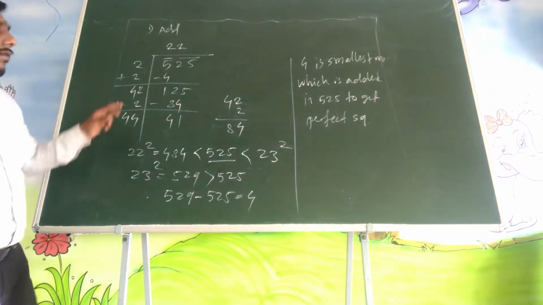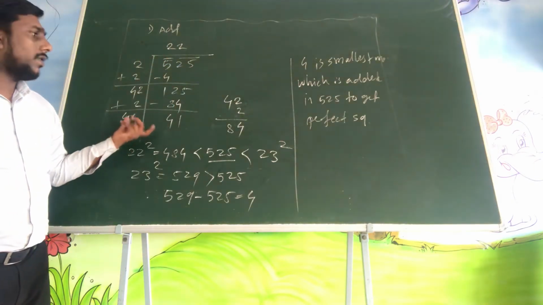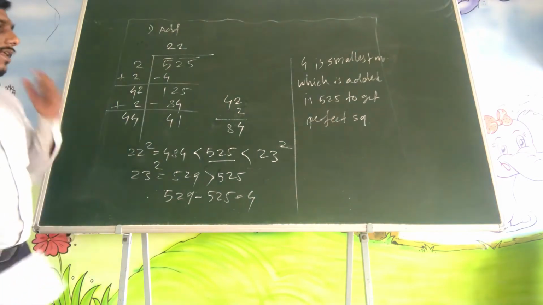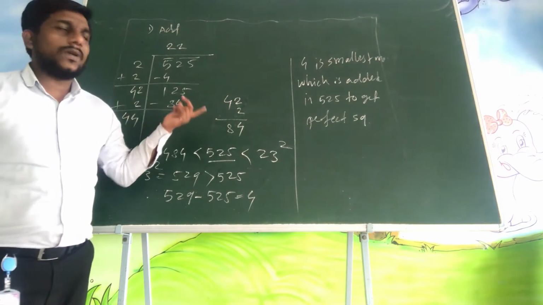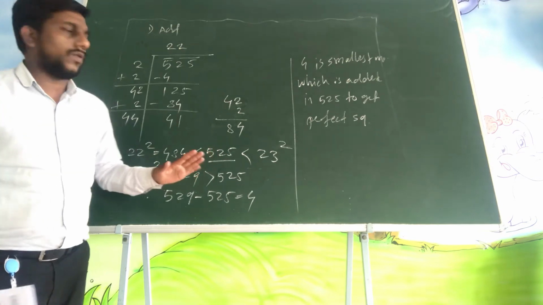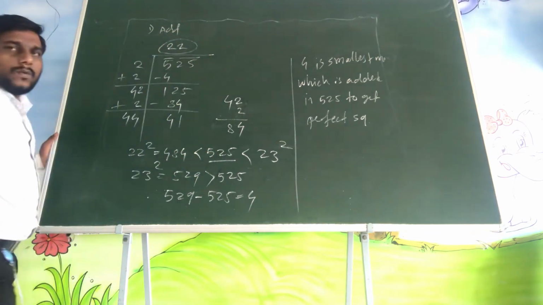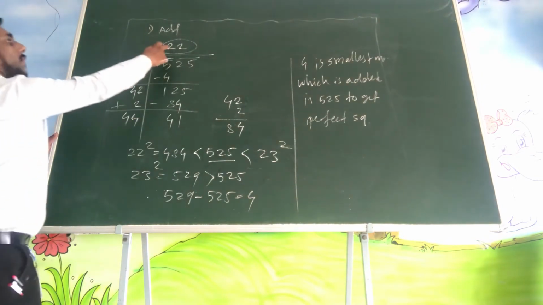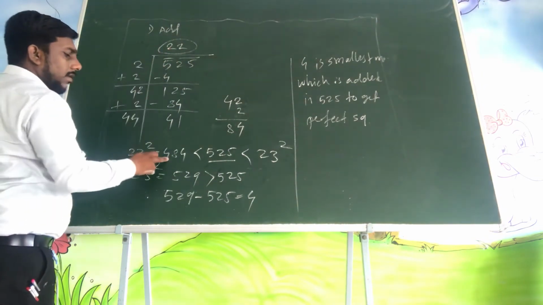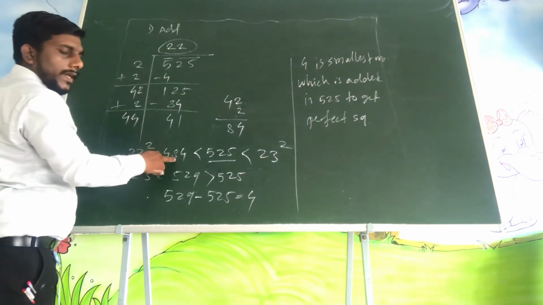Just check once again. 525, same process we had to do. Then here some difference is there. What we did in the subtraction method, we subtracted the remainder, but here the remainder does not work out. So what we had to do? We had to check the quotient. What is the quotient there? 22. So 22 square is 484.